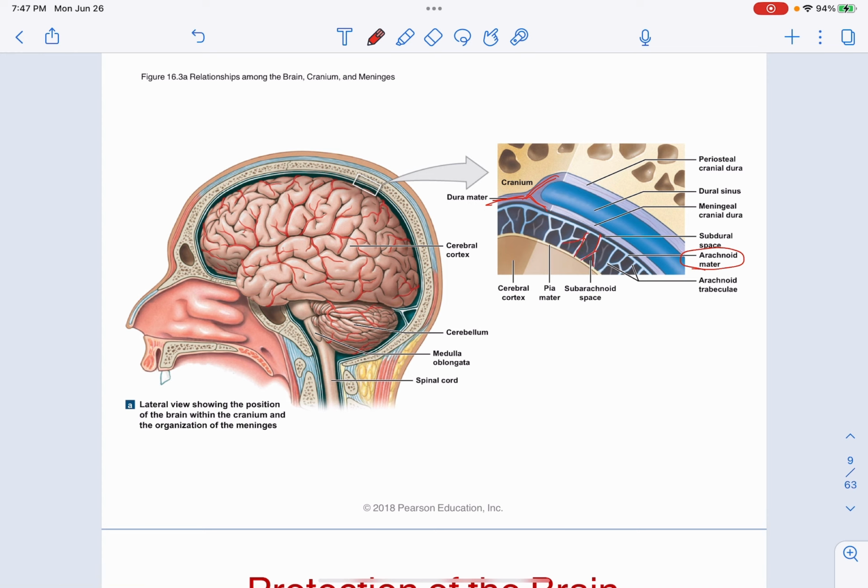You see these struts here. And that is what is connecting to the underlying pia mater, so that's this layer here. And then running through that subarachnoid space is the cerebrospinal fluid. And remember, we called those struts the trabeculae.